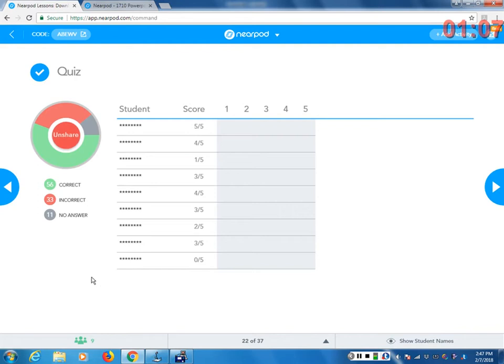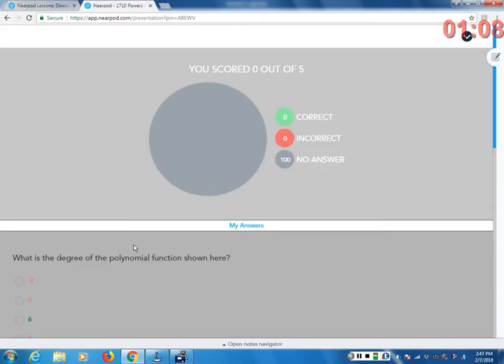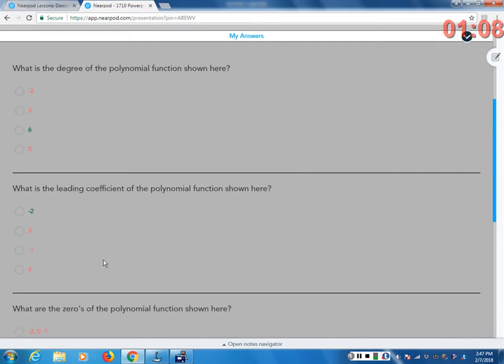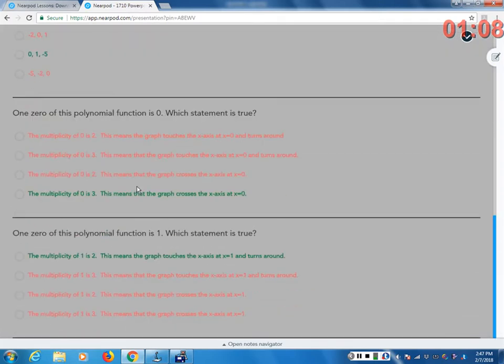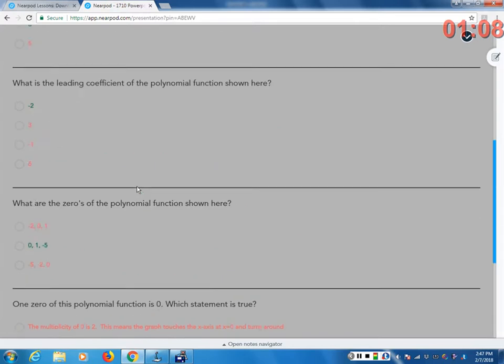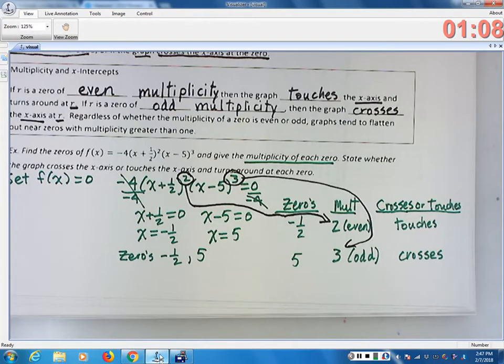Now you can see how you did on this. I can see the correct answers will be here in green, but it doesn't show you the polynomial function anymore. So that's the correct answers. Let's put it down here.